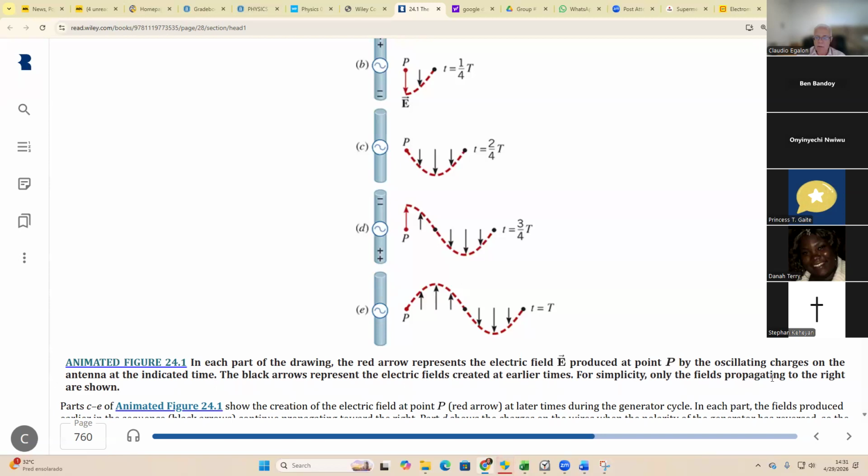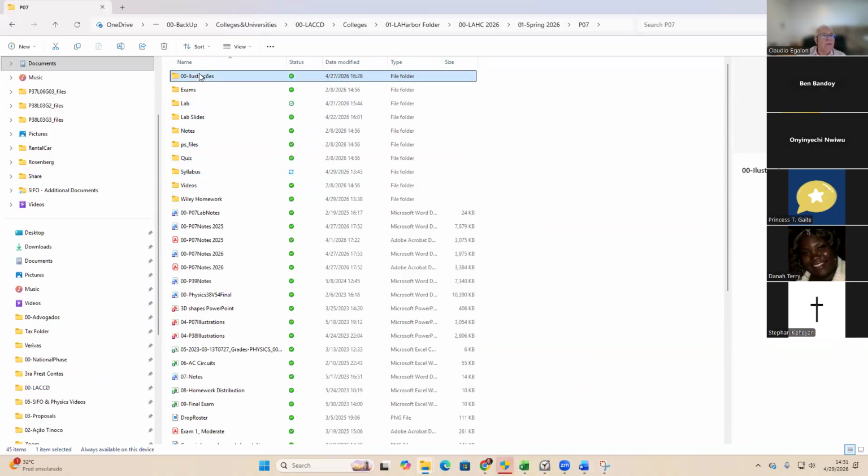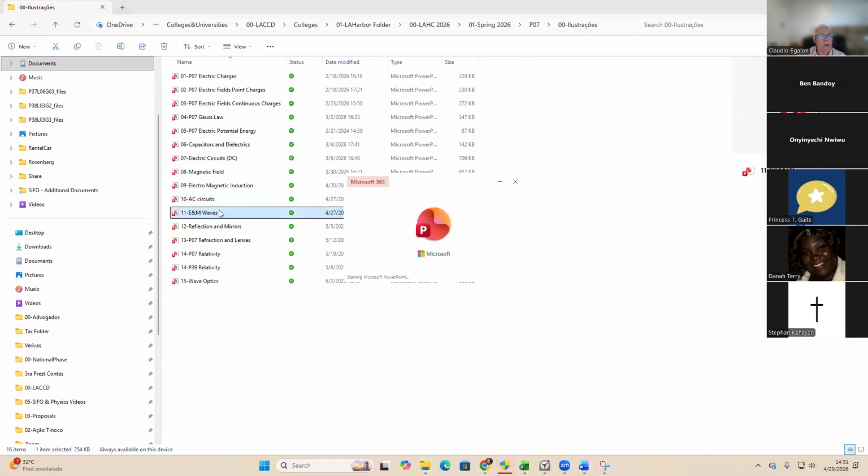For simplicity, only the fields propagated to the right are shown. He didn't illustrate the magnetic field, okay? But you can picture the magnetic field as being in this plane here, perpendicular, coming out of the board. Let's see if I have a drawing about that too. See, illustrations. Electromagnetic induction, electromagnetic wave, right in here.